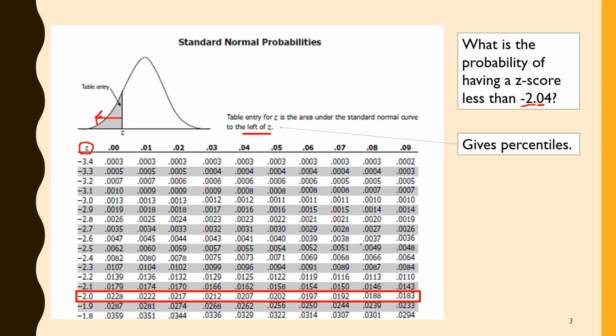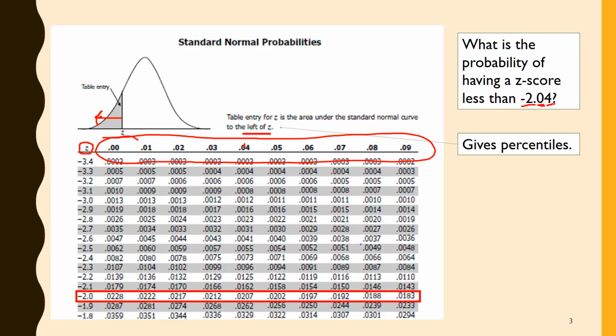That's the first step. And then you want to find this 4 here that's in the second decimal place. And you're going to find that up here in these rows. Now, in this case, it works out that this is a 0 here, but a lot of times that's not going to be the case.